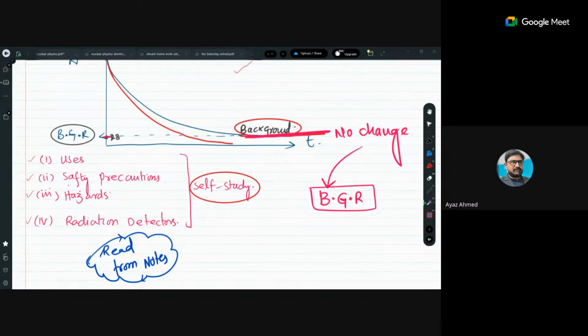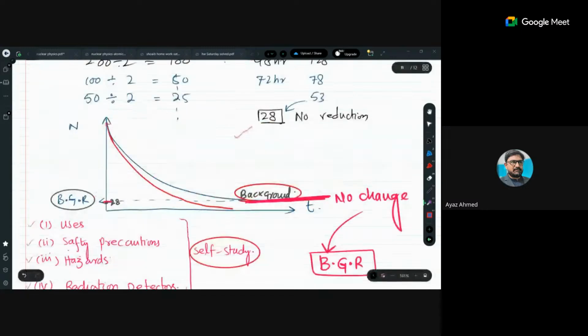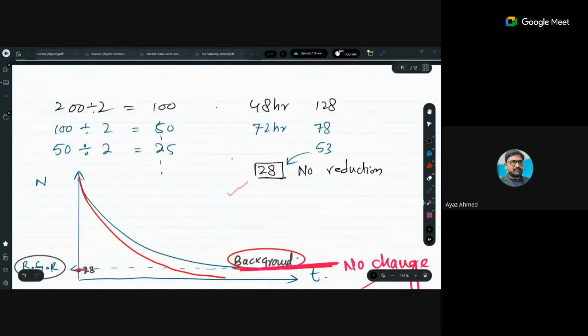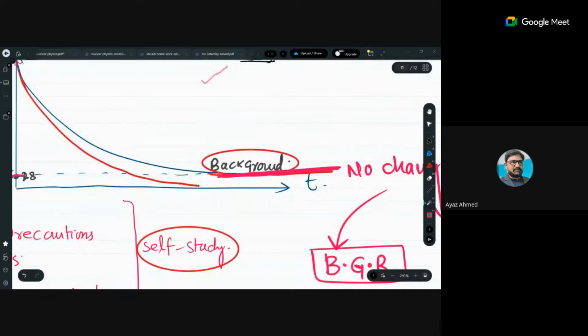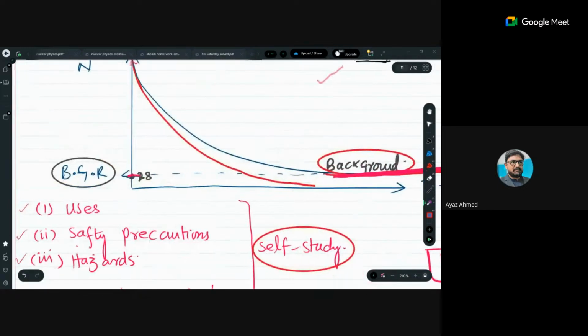अब आप देखो यही चीज जो मैं अभी आप लोगों के साथ बोल रहा हूँ कि इन केस ऑफ हाफ लाइफ देखो नो रिडक्शन बियॉन्ड 28 बोला है मैंने ना वहां पे. So when there is no reduction beyond 28, your graph will become straight now. So whenever sometimes your background radiations are not given. This is very tricky question.